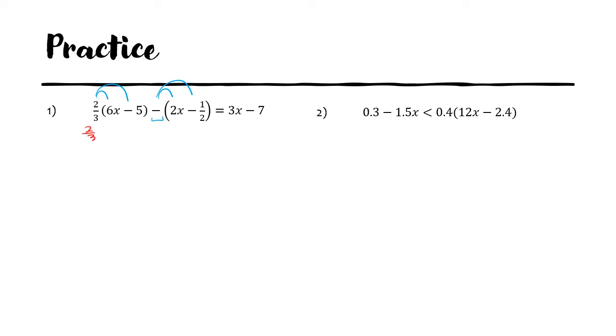We have 2/3 times 6x minus 2/3 times 5. That's just the first group. Okay, then minus 2x. Now we are distributing that minus across to another -1/2. So we could write that as like minus a -1/2, but hopefully we're recognizing there that that's going to resolve into a +1/2. Now we haven't really changed at all that other side, so I'll just write it as 3x minus 7.